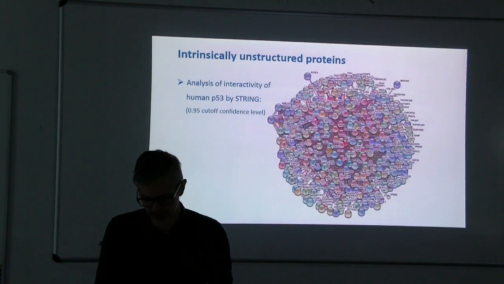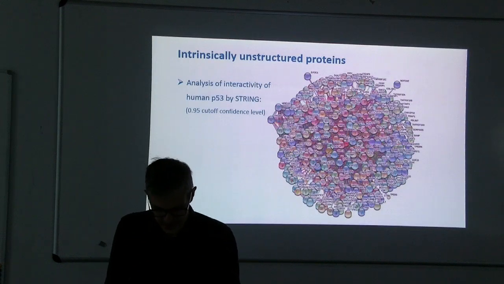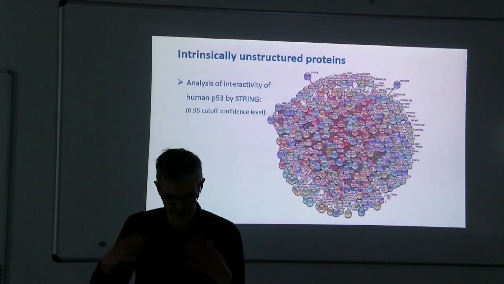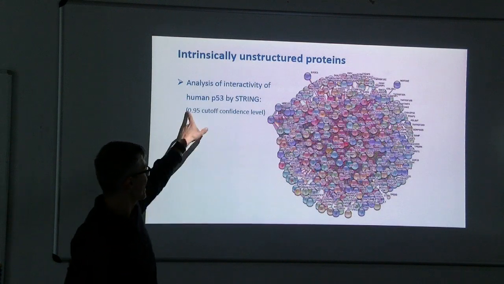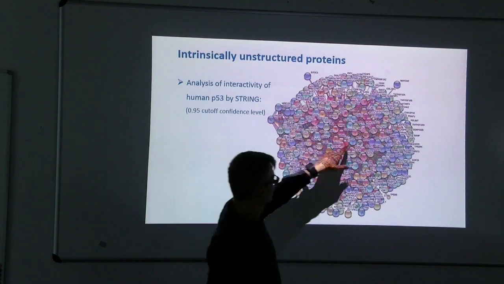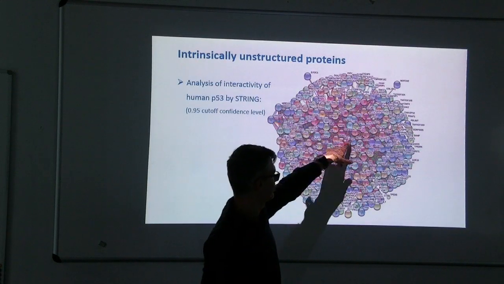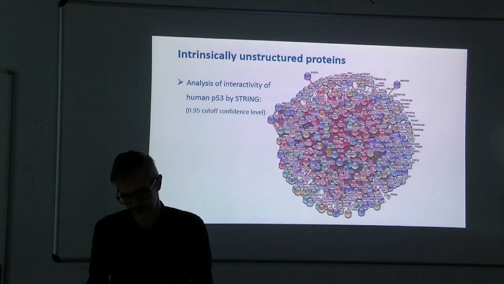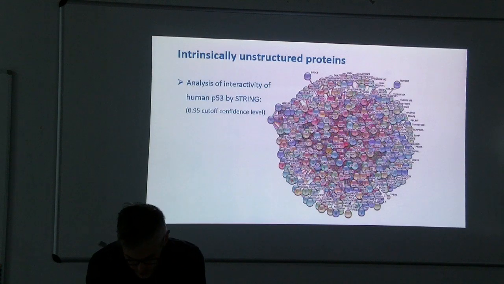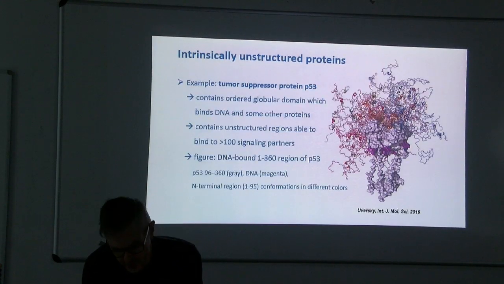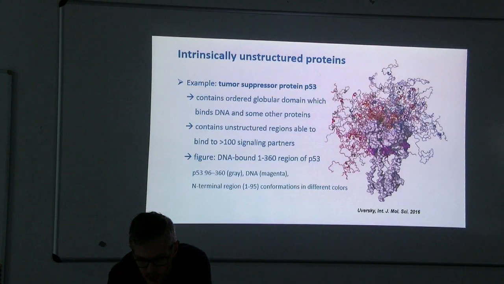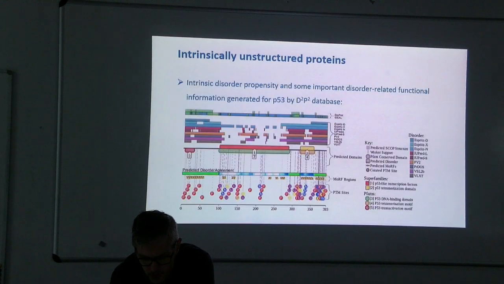And this is from the STRING database, showing the interactivity of P53 with even a very high confidence level. P53 is here in the middle, and all of these proteins can interact with P53. So it's quite amazing, and this is one of the reasons why.